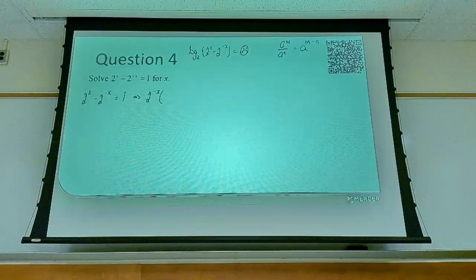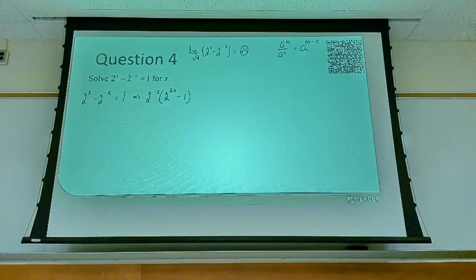It's 2 to the x over 2 to the negative x. It's 2 to the x minus negative x, which is what? 2x. And of course, when you factor 2 to the negative x out of 2 to the negative x, you're left with 1.